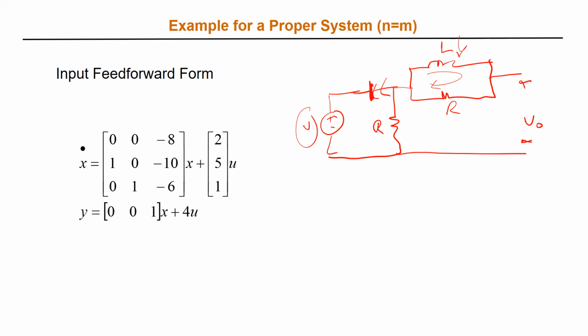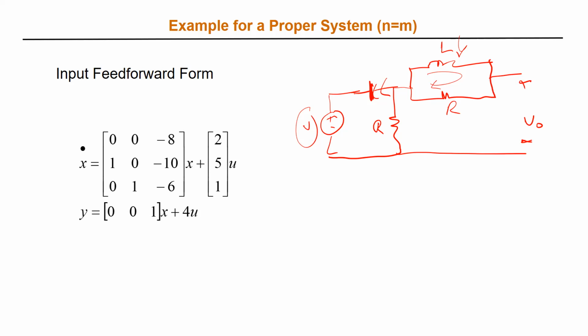The concept of observability is, from the output and the input, can you estimate your initial condition? As I said, we are not going to go to that one, but if you go there, you need this concept.